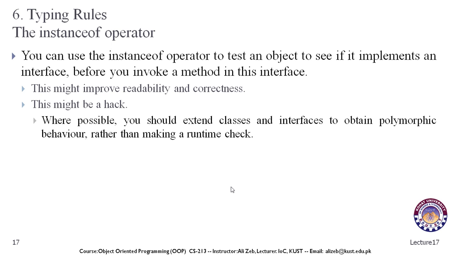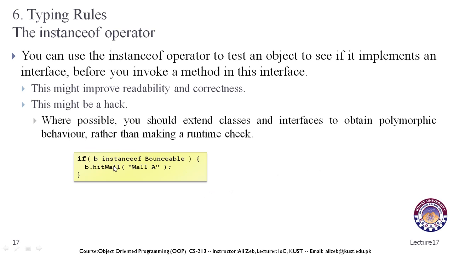So we can use the instanceof operator, but alternatively we can explicitly extend those classes and interfaces instead of checking them at runtime using the instanceof operator. If B, for example, is an object of any class that implements the Bounceable interface, we should be able to call the hitWall method of that class using the object B.